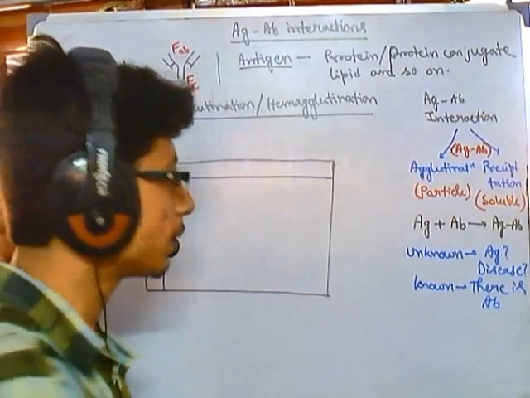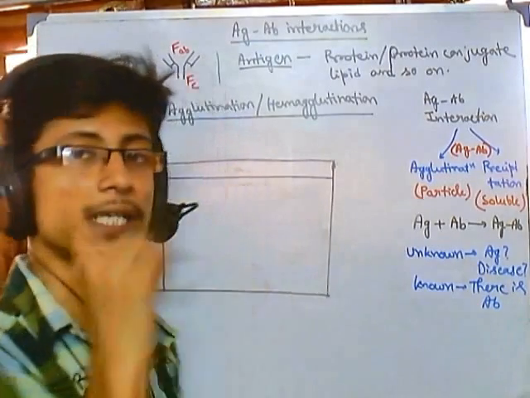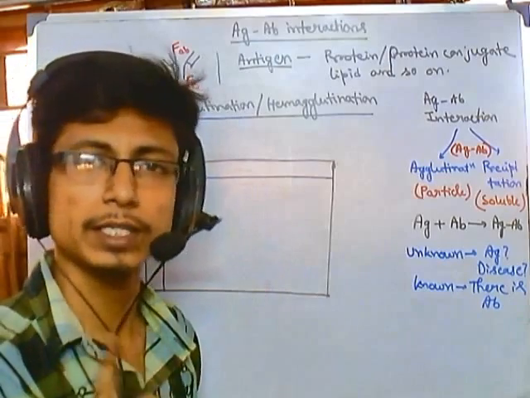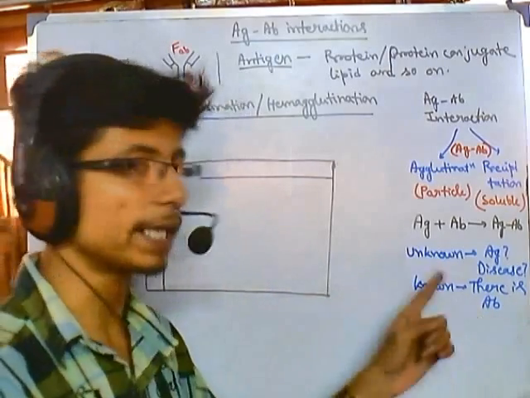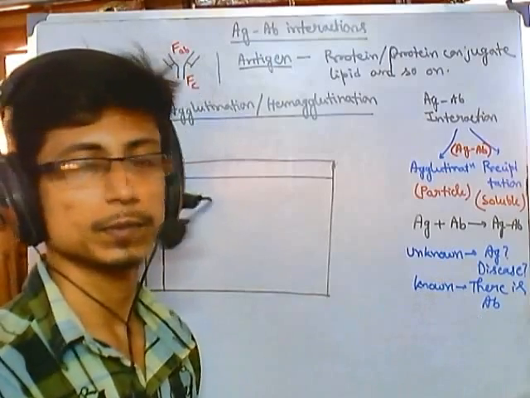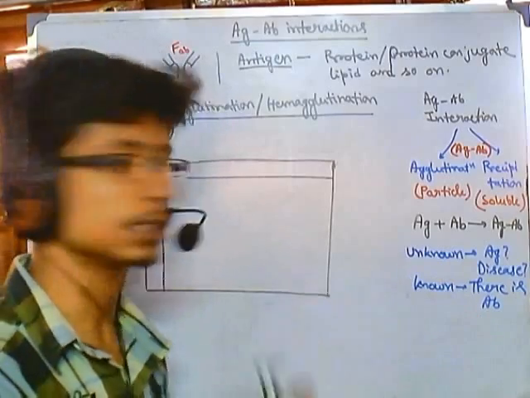So we need to check whether this antibody is interacting with any kind of antigen, because antigen antibody interaction is very specific, as I've told you. Now we are utilizing the specificity of antigen and antibody to get the answer, right?